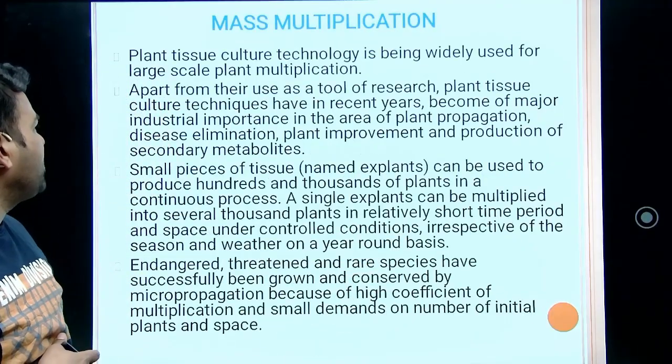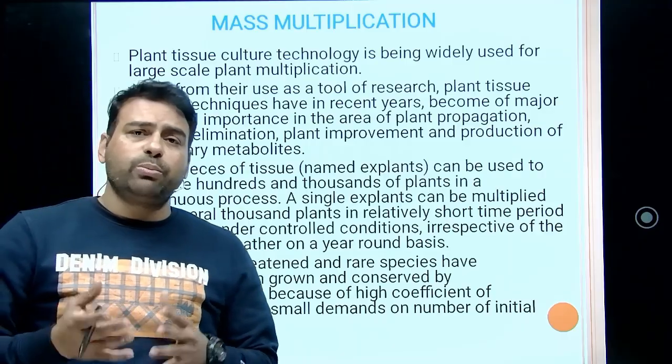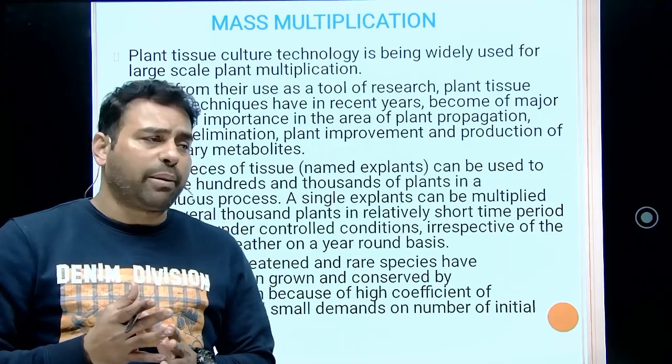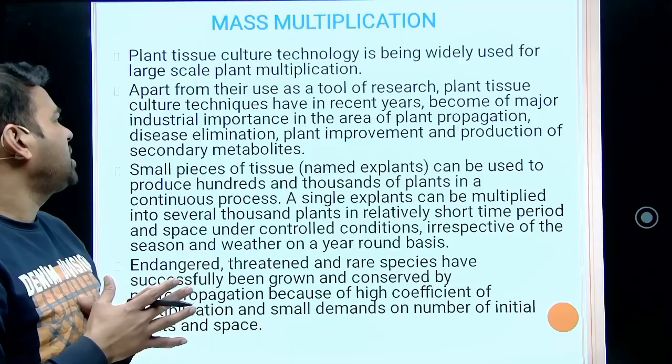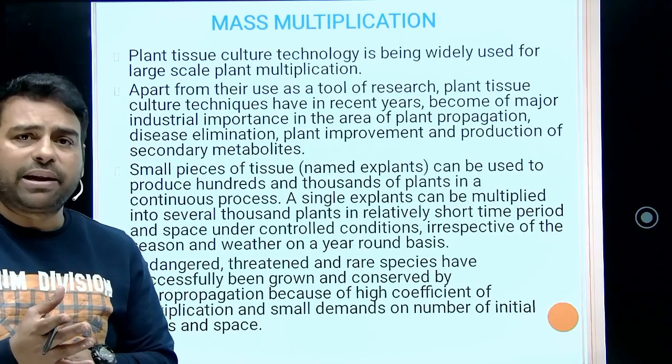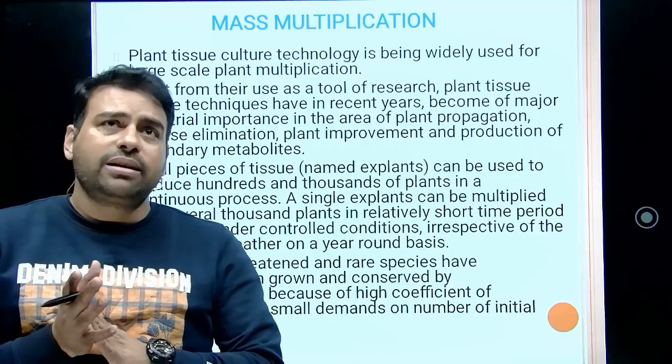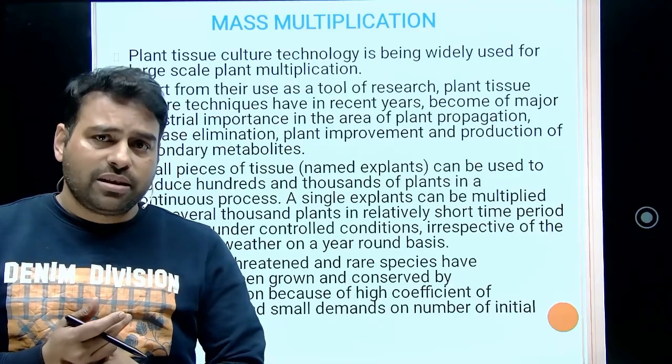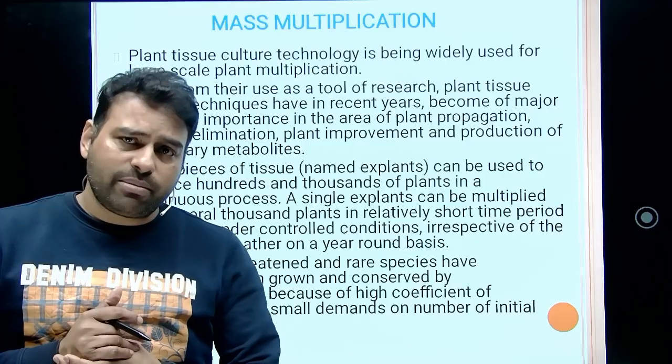So mass multiplication, what do we mean by mass multiplication? Plant tissue culture technology is being widely used for large scale plant multiplication, where seeds are not available, or multiplication material is not available.